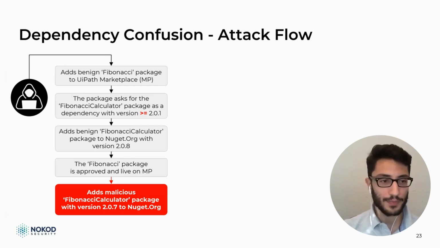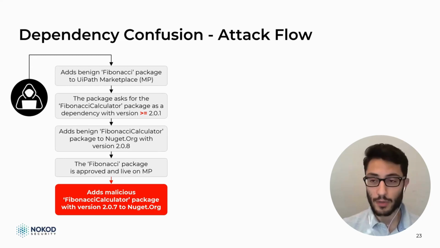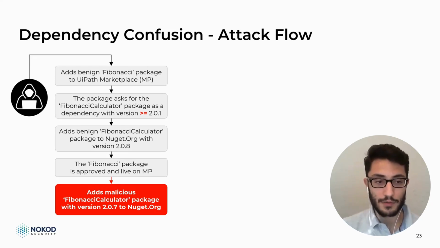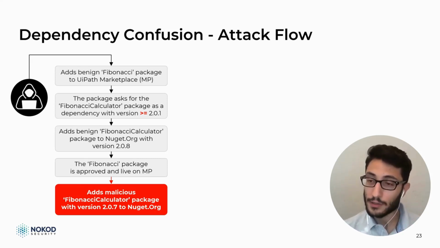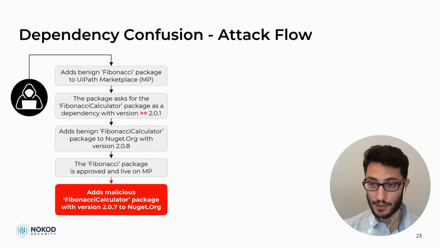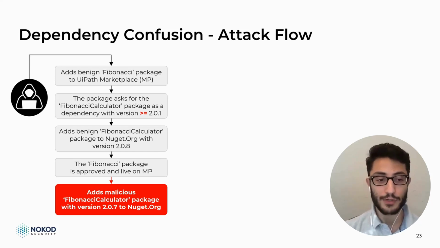So let's see the attack. The attacker first creates a legitimate package called Fibonacci and uploads it to the marketplace. Fibonacci, as I said, uses the Fibonacci calculator with loose versioning. Then the attacker adds another legitimate package of Fibonacci calculator, version 208. And then the attacker adds the malicious package version 207 to Nokod.org.